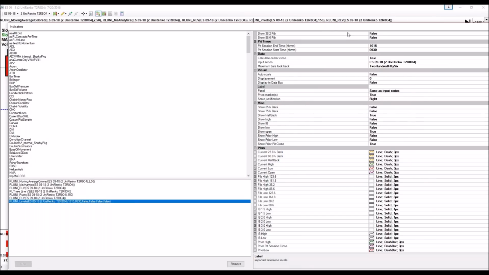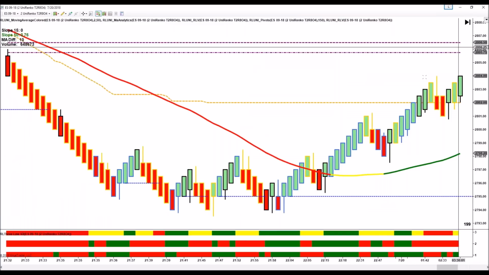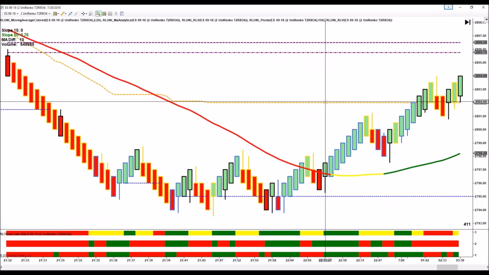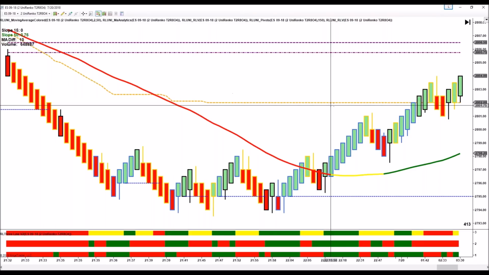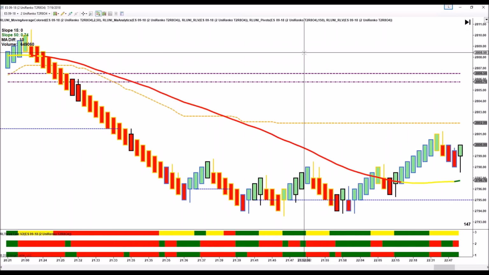You can change how they project themselves. And there's the volume weighted average price right there. I just put it to yellow, just to offset it in color from the session open and the prior session close.